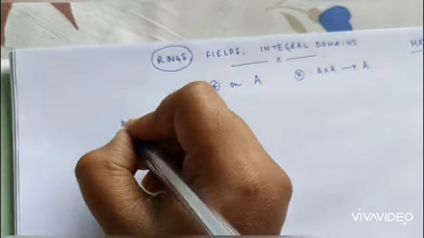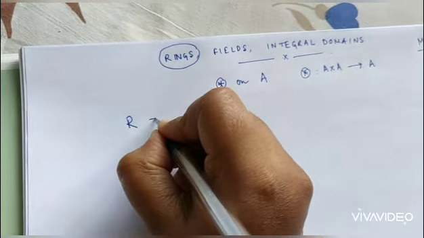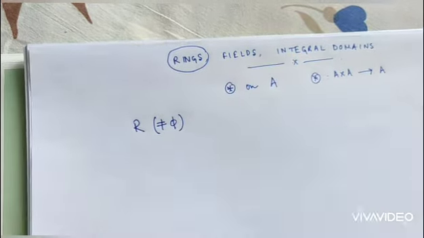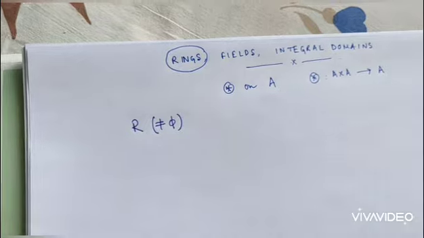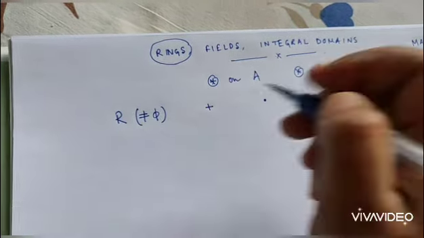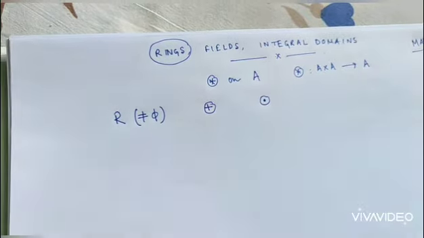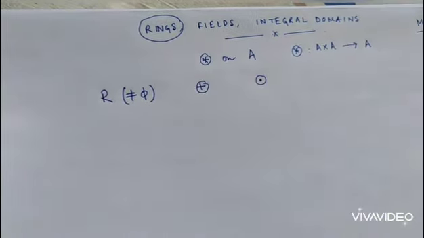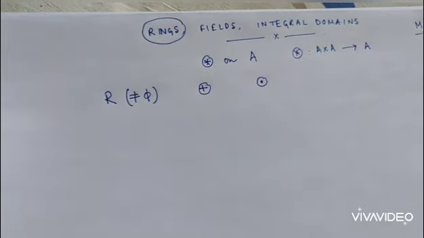Now let capital R, of course, be a non-empty set, and we define two operations on it as plus and dot. I have kept them within circles to just denote that they are actually just operations.